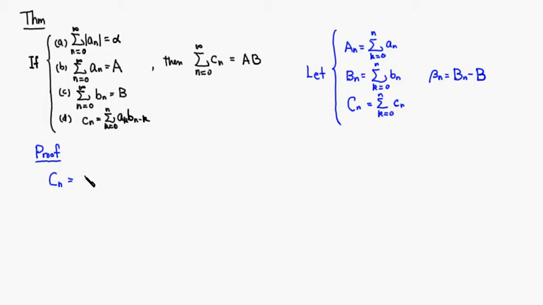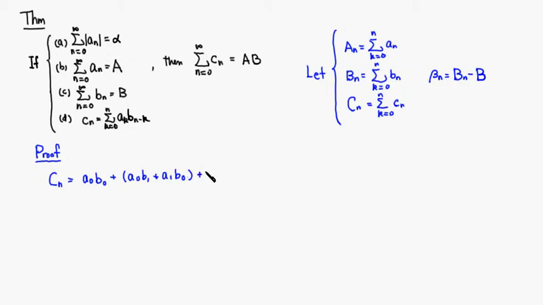So this first term would be A0 times B0, right? And the next term would be A0 times B1 plus A1 times B0, right?